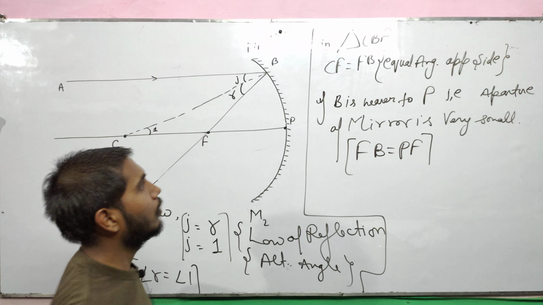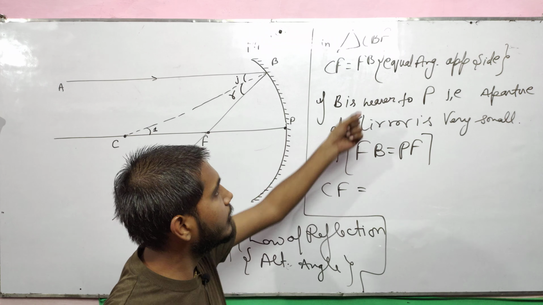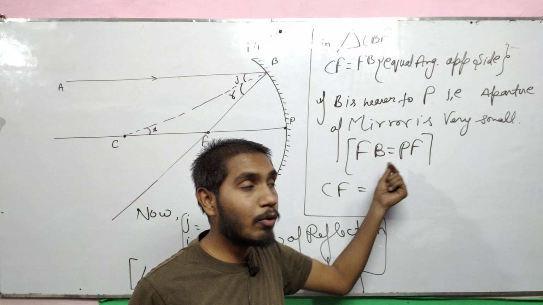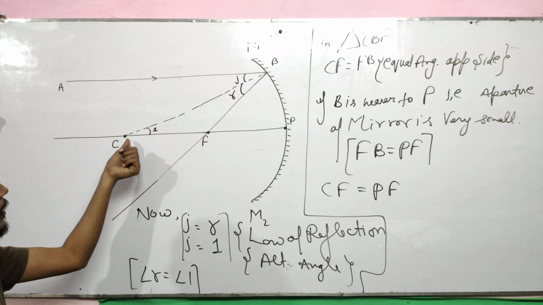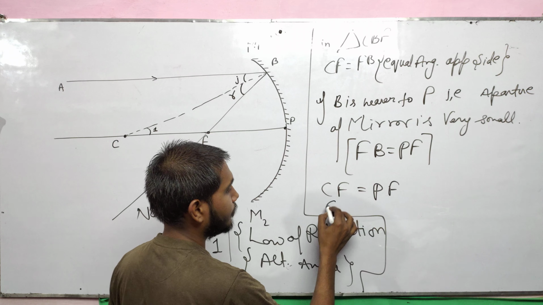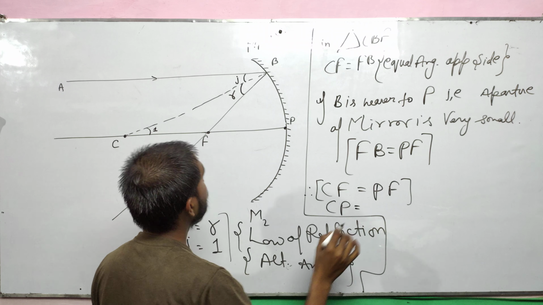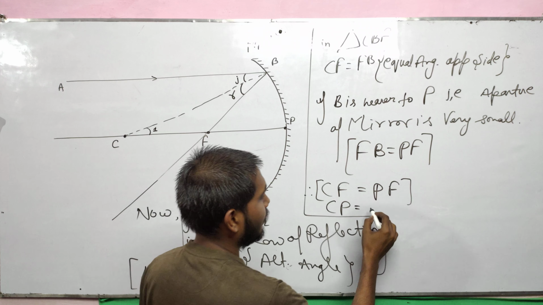Now CF equals, in the place of FB we will write PF. Then CP equals CF plus PF.